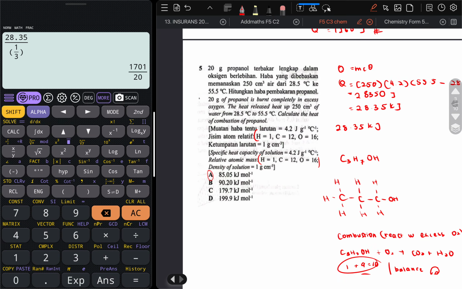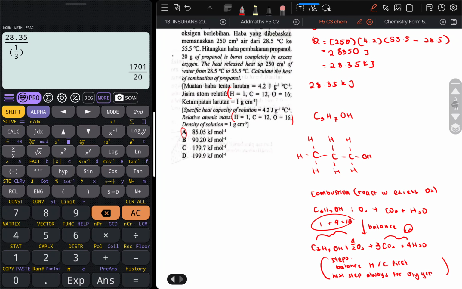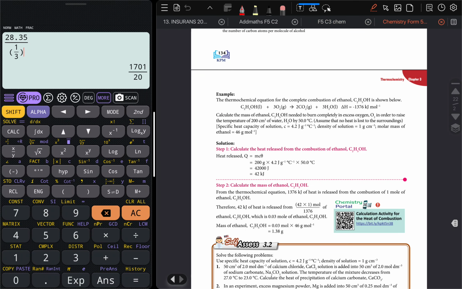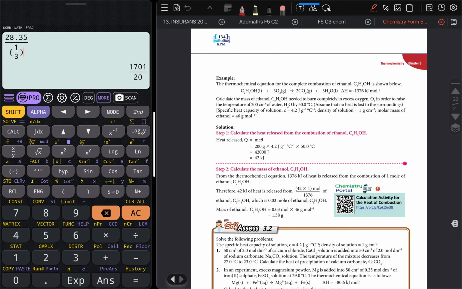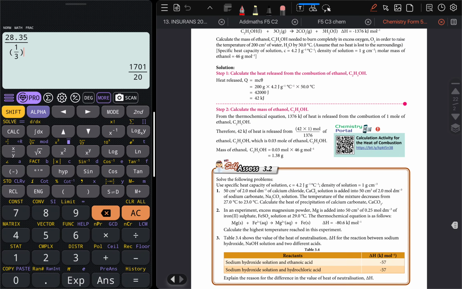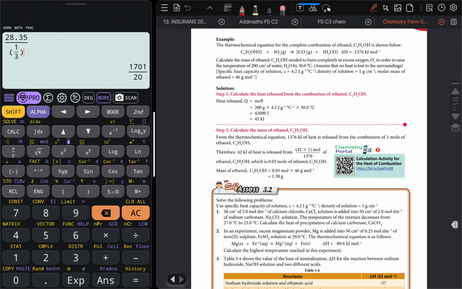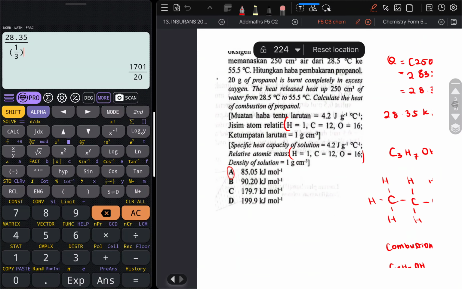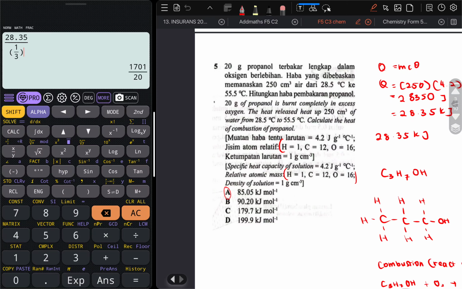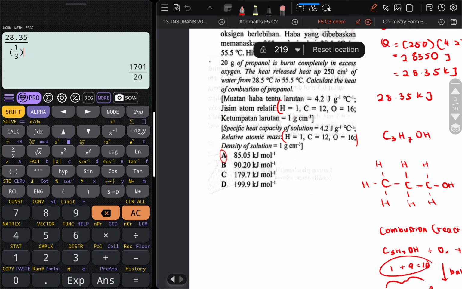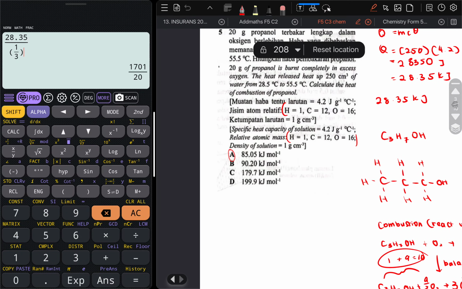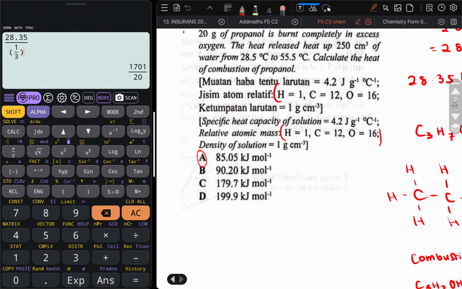Okay? Okay, finish. Okay, wait. Is the answer not negative? Okay, this answer scheme is not wrong, because if really final answer, if you're trying to find the delta H, you include the negative.